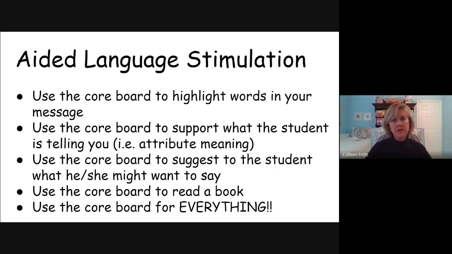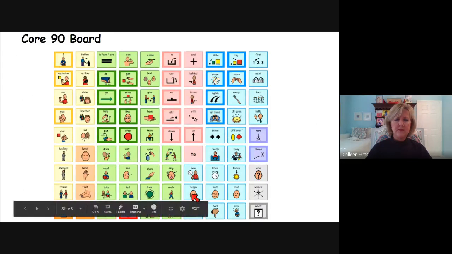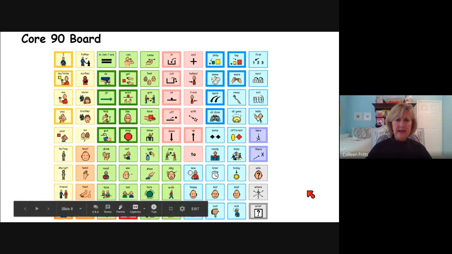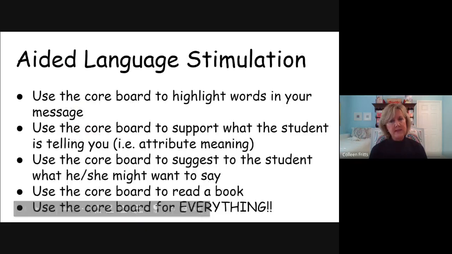You can use the core board to suggest to the student what he or she might want to say. I think you might want to tell me how you feel. You might want to tell me happy, sad, or mad. And then pause and give them time to look at what you've said to them, to give them time to be able to say something back to you.